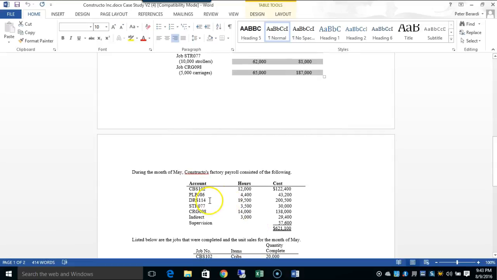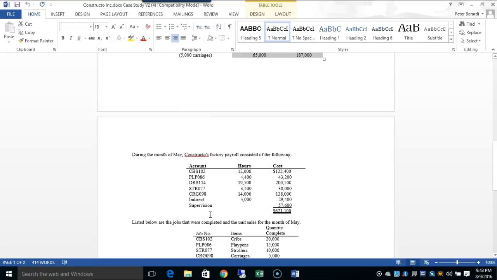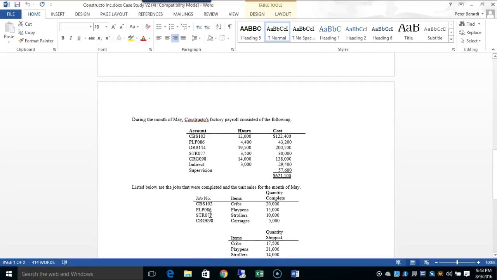Next, we add payroll. Direct labor debited to WIP based on hours and costs. So we're adding labor to CBS, PLP, DRS, STR, CRG. Debit WIP. Listed below are jobs that were completed.